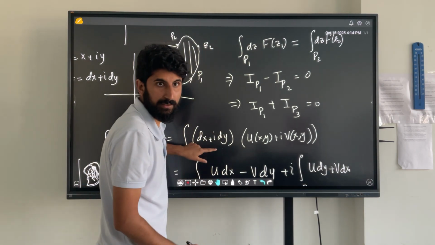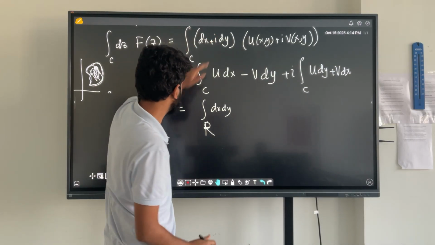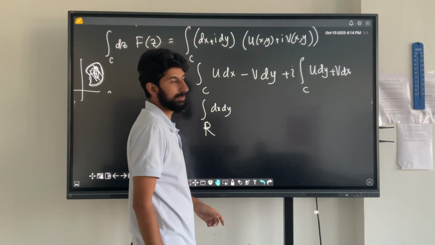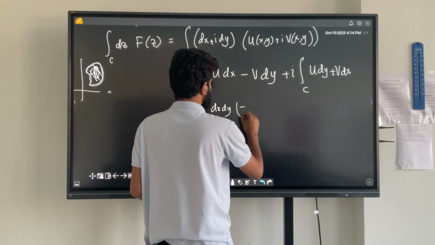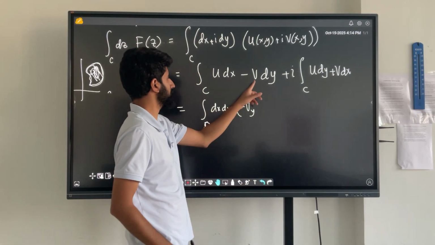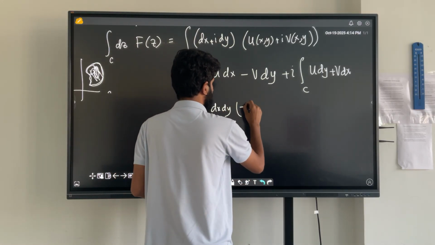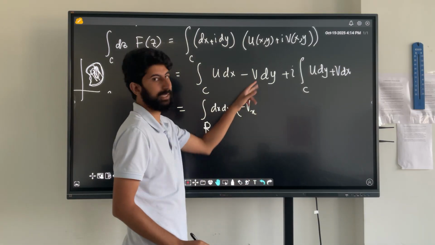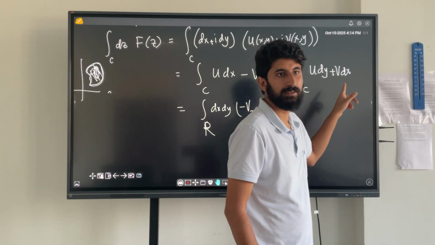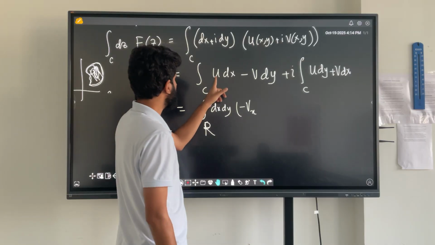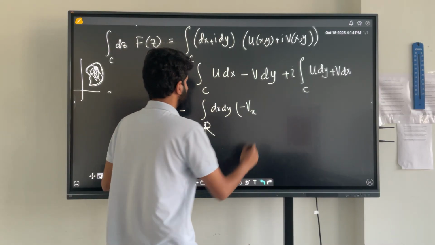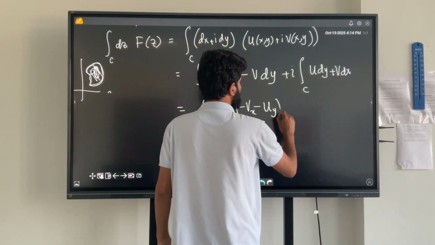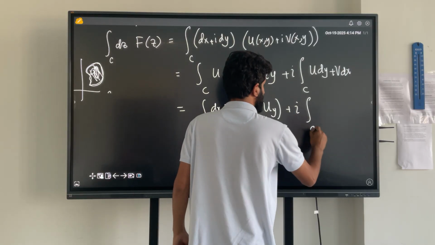And what do I get? Minus v x. The one with the dy has to be differentiated with respect to x. And this one is minus v y, plus iota times the integral over the closed loop.